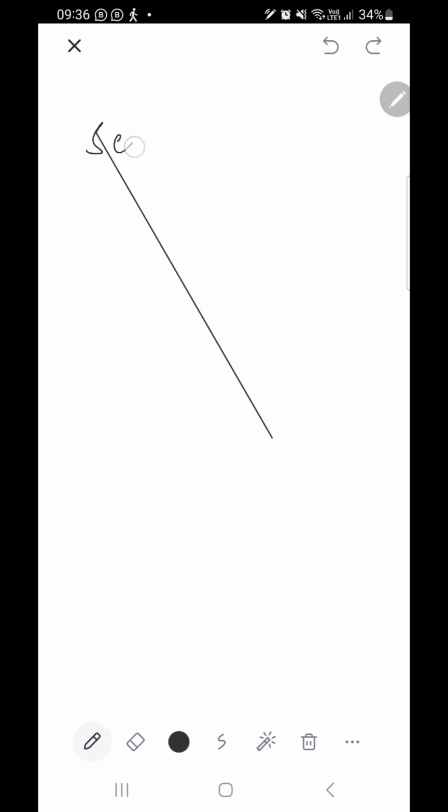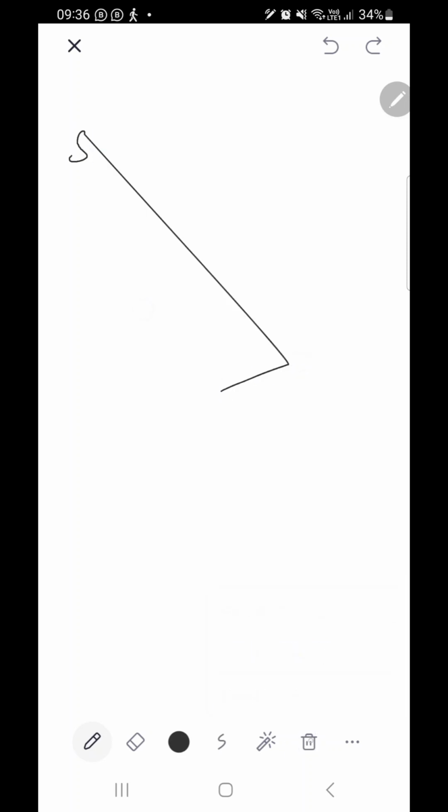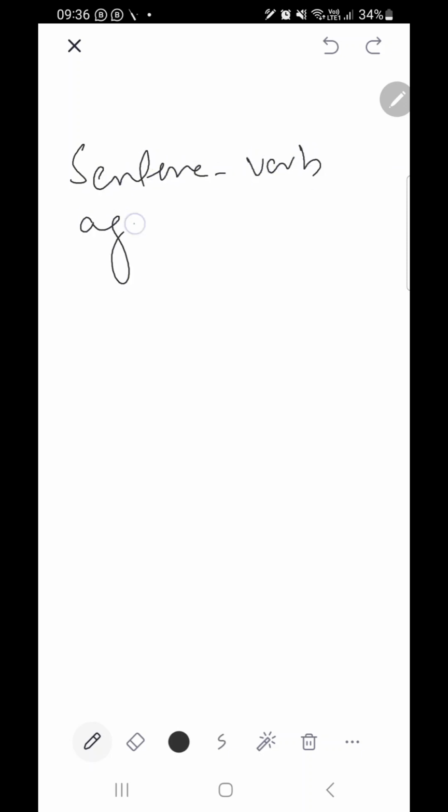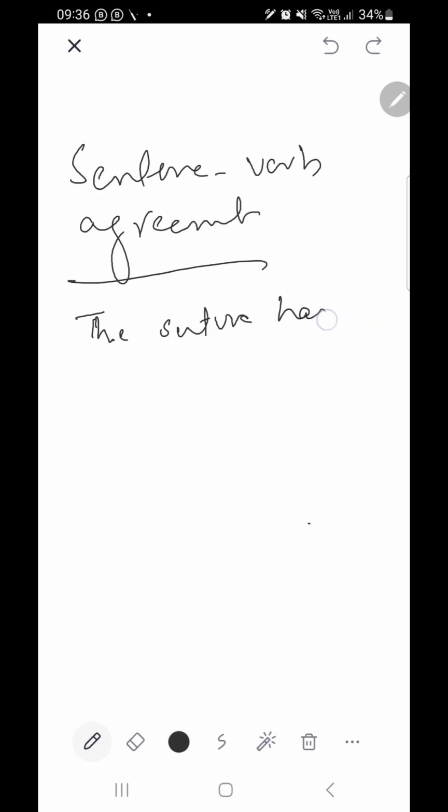Tense and subject-verb agreement. These are very minor things, but just to cover in this class, the same sentence must follow the same noun. Let's say the switcher has been removed.